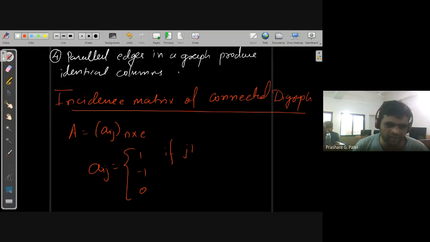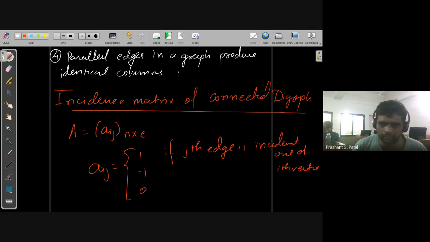It is 1 if the jth edge is incident out of the ith vertex. It is -1 if the jth edge is incident into the ith vertex.